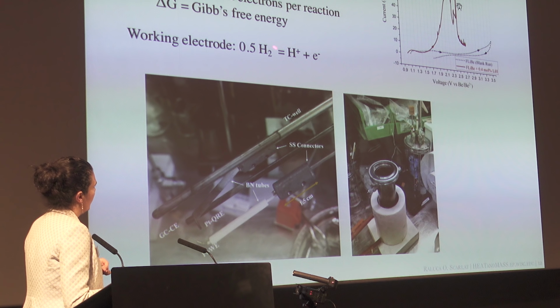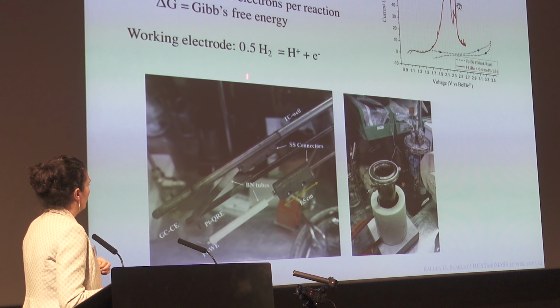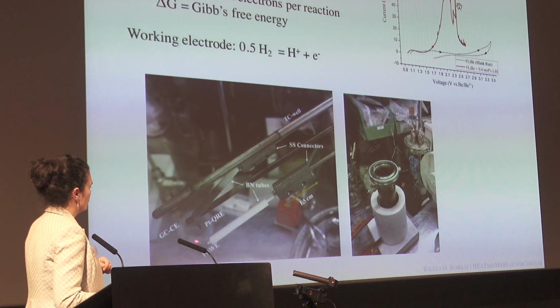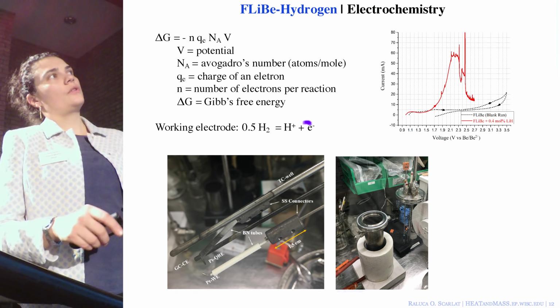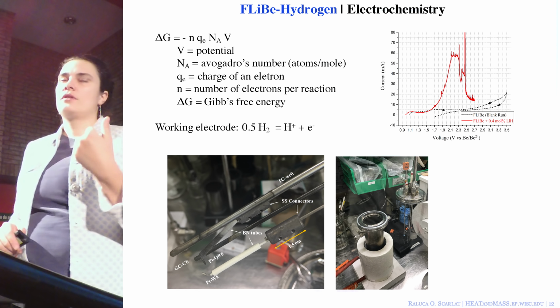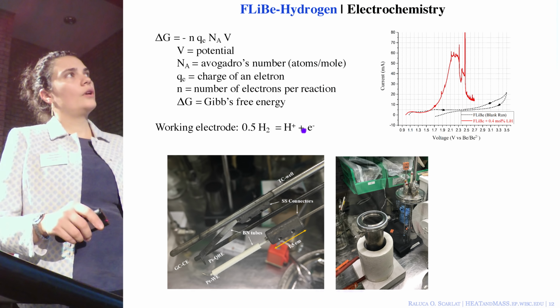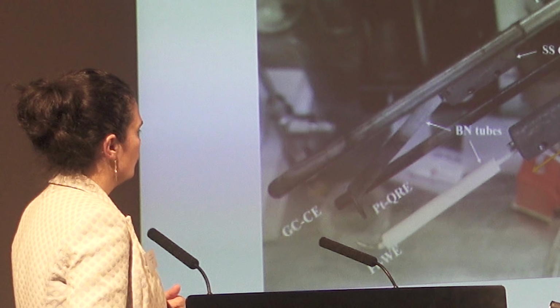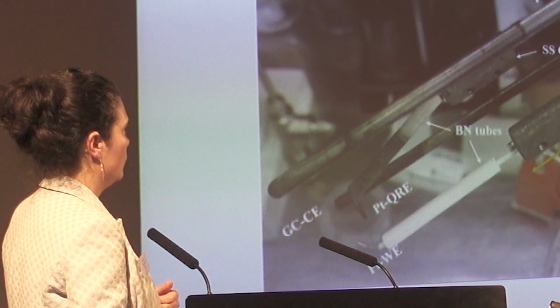So if we have hydrogen gas present in the salt, and we consume it at the surface of our platinum electrode, we will measure a current because we are driving electrons out of the hydrogen. And from that current, we can then deduce how fast is H2 diffusing to the surface of our platinum electrode.